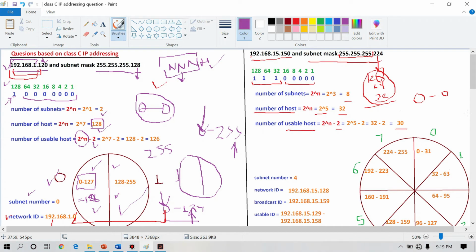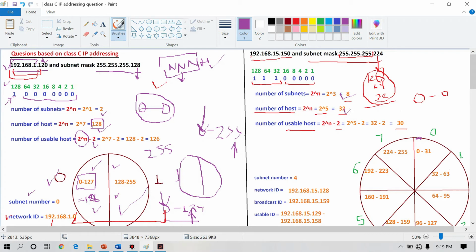Now what do we have to see? We have to see how many subnets we have. Assume that this is a big network. And how many subnets do we have? We have a total of 8 subnets. So we divide this particular big network into 8 different parts. And how many hosts do we have in a particular network? We have 32 hosts in a particular network.